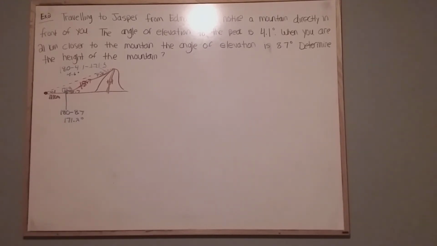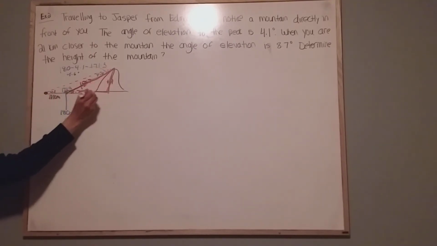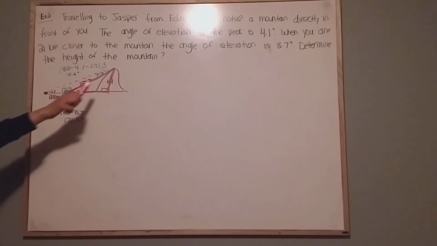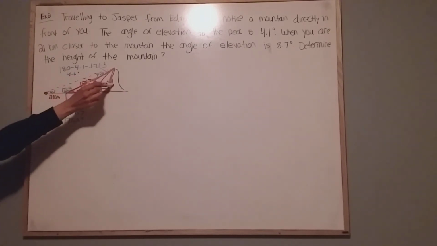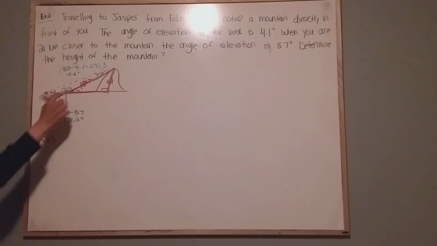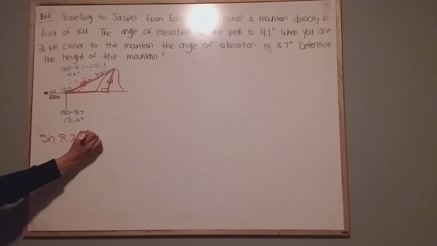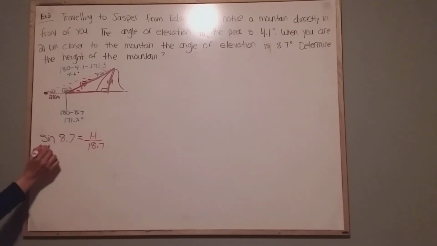Once I know that's 18.7, I can look at this triangle in here, which is a right triangle, to find my h. I would use my trig ratio: opposite over hypotenuse. So sine 8.7 is equal to opposite over my hypotenuse, 18.7.